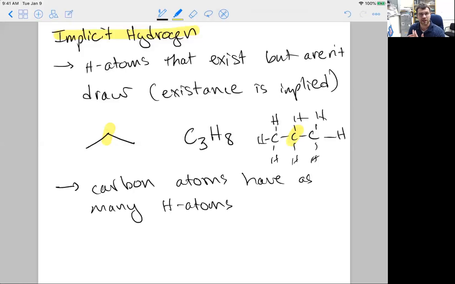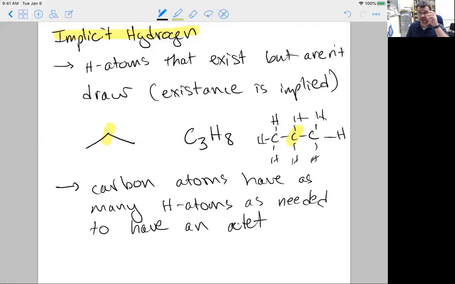So what we're doing here is we're just not writing the H atoms, but we're assuming that their existence is implied, and because the carbons must have as many H atoms as needed to have an octet. So that central carbon atom has 2 hydrogen atoms because it needs 2 hydrogen atoms to have an octet.